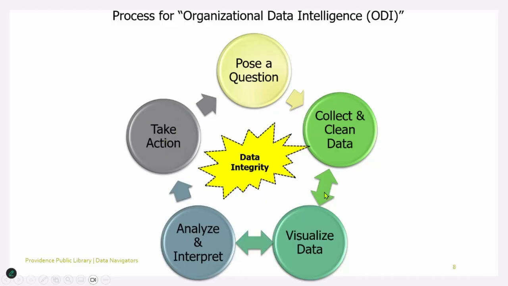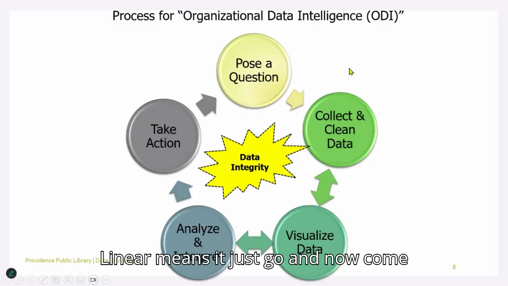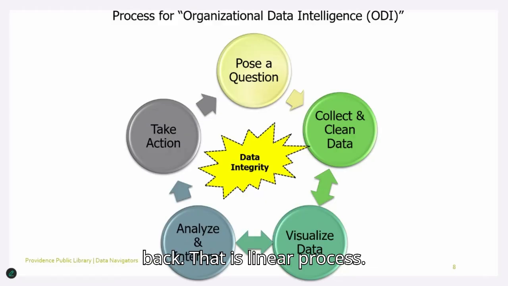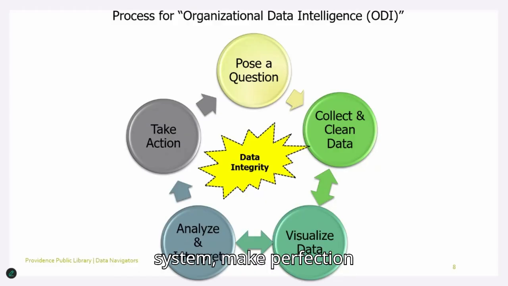And then the process continues. So data analytics is a cyclic process. You can see here, it is a cyclic process. Linear means it just goes and never comes back. In a cyclic process, again and again you refine the system, you fine-tune the system, to make it perfect.